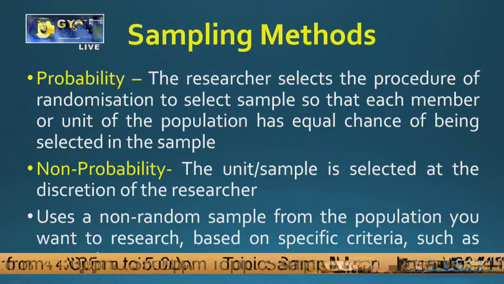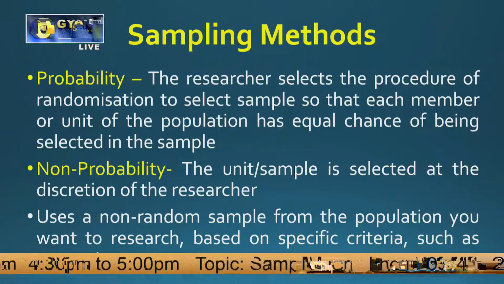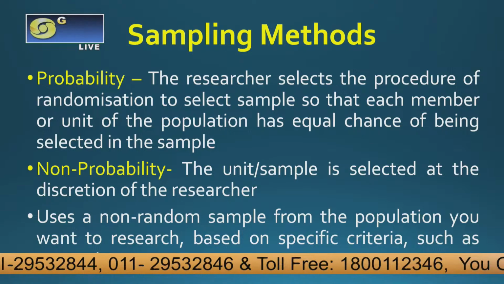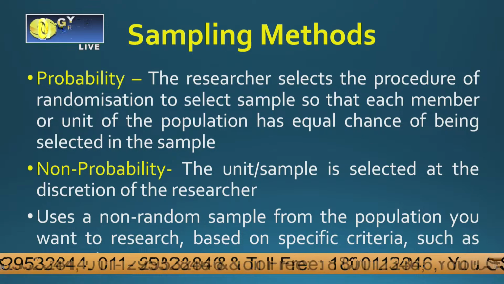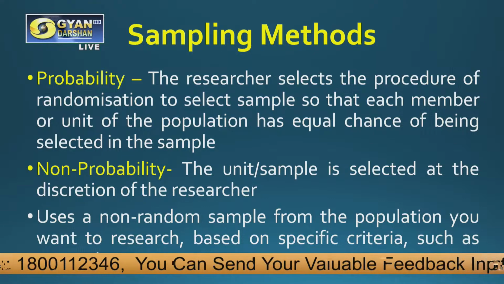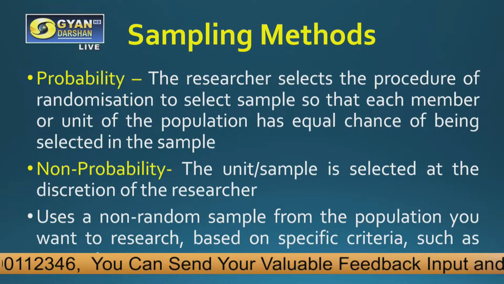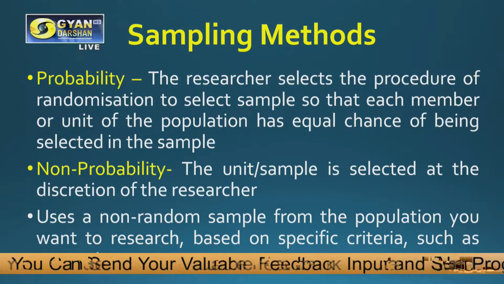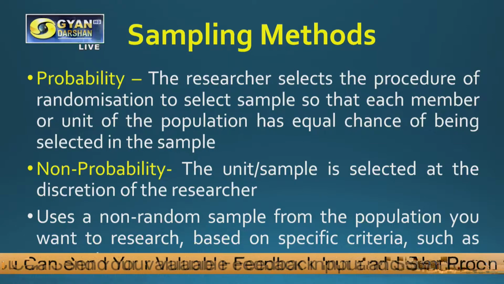On the other side, in non-probability, the sample is selected at the discretion of the researcher. It uses a non-random sample from the population you want to research based on specific criteria such as convenience. It's very simple that way. See what happens if you have 10,000 people.